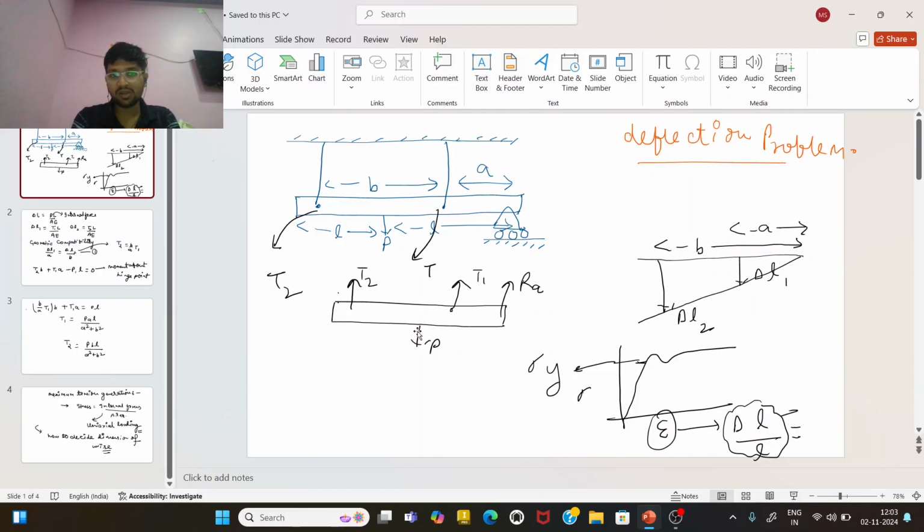Here is the point load P, which is applied at the midpoint of the rod.